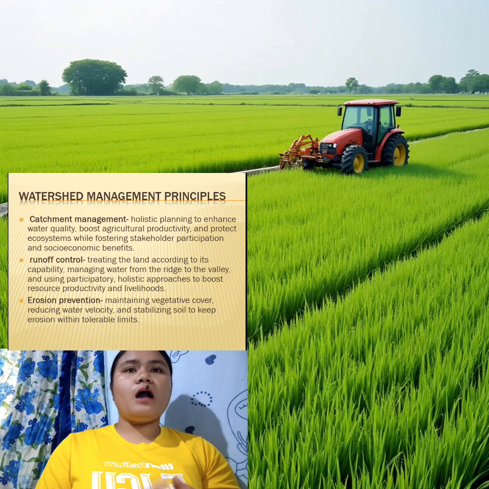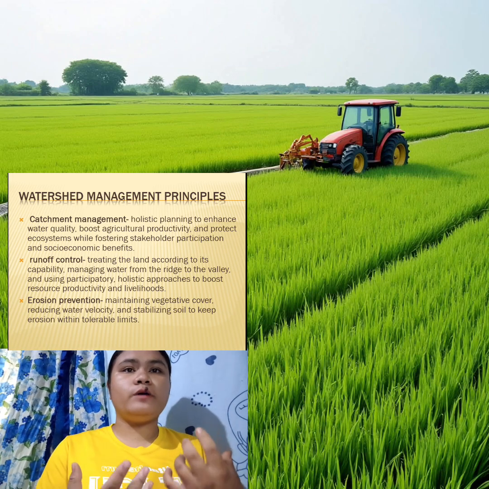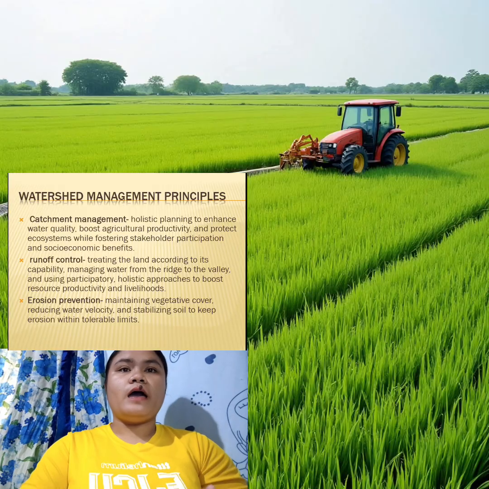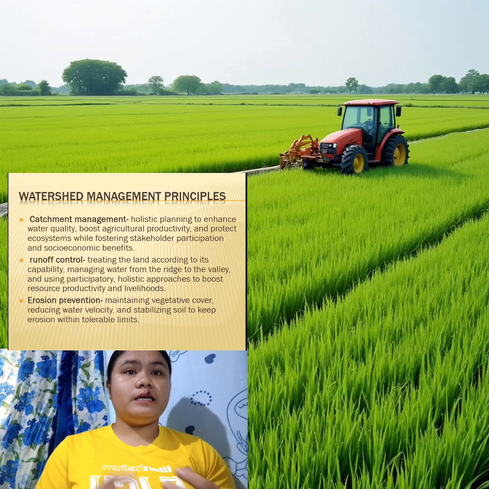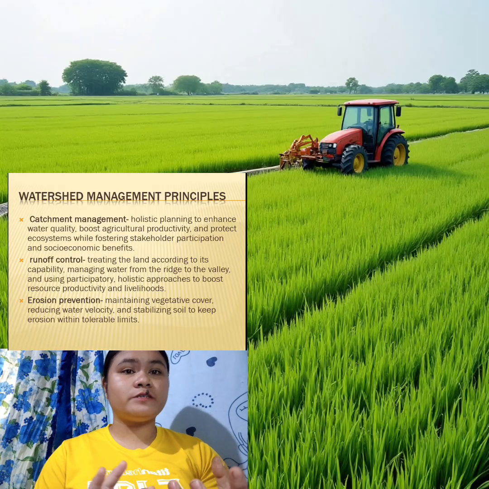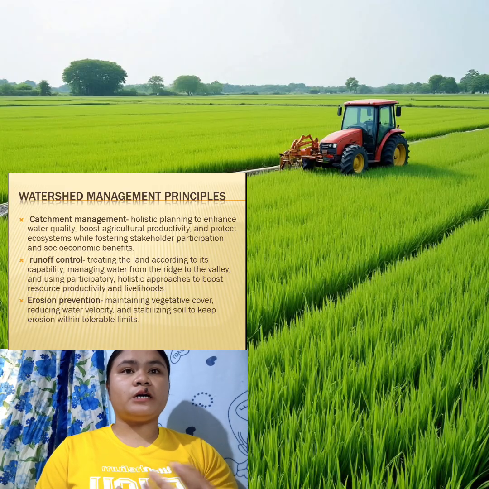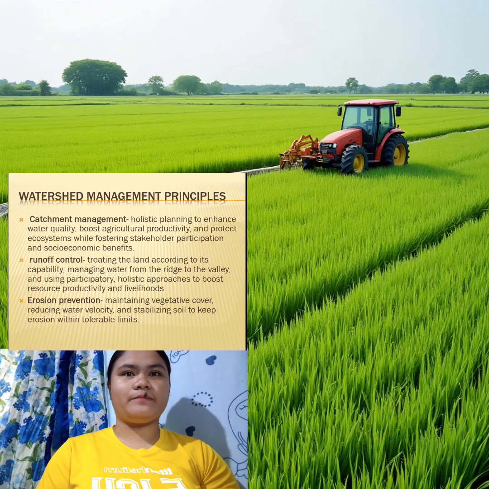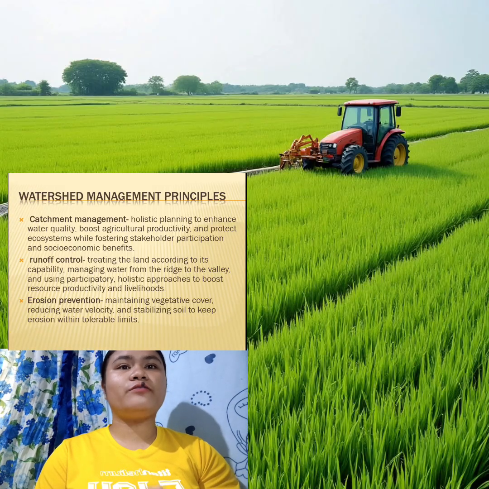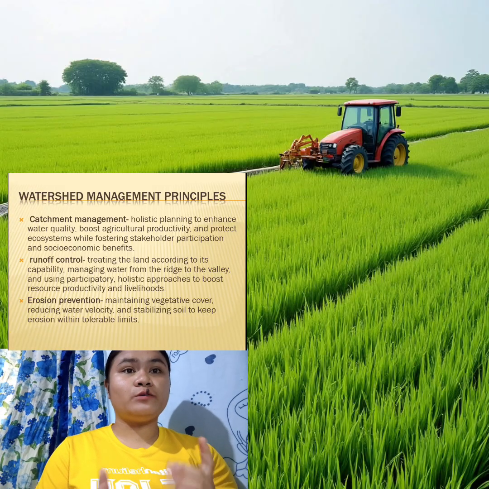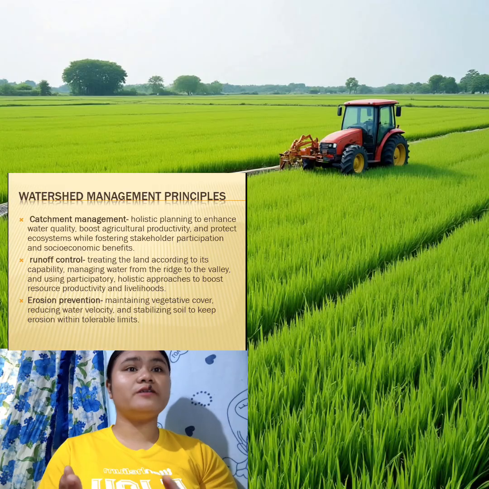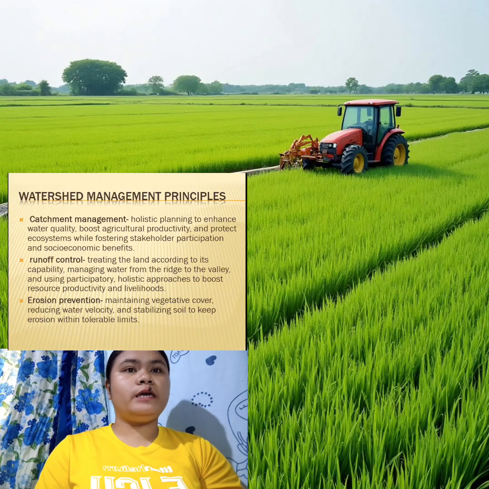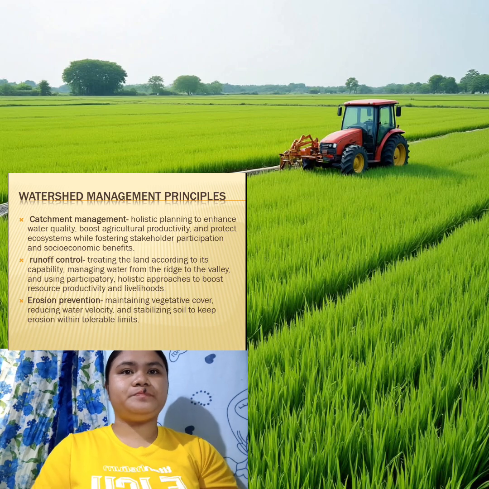To wrap up, let us do a quick summary of everything we have covered today. Agricultural water management is the administration of water resources for agricultural production, balancing productivity with the environment and society. Next, there are three main water resources in agriculture: surface water, groundwater, and rainwater harvesting, each with unique advantages and risks.